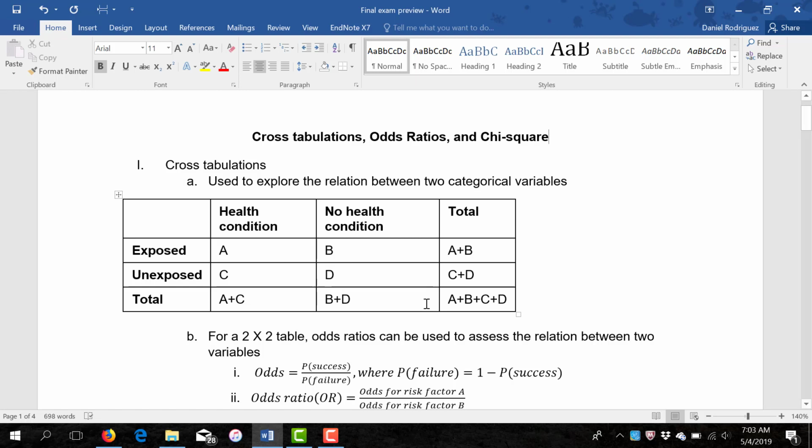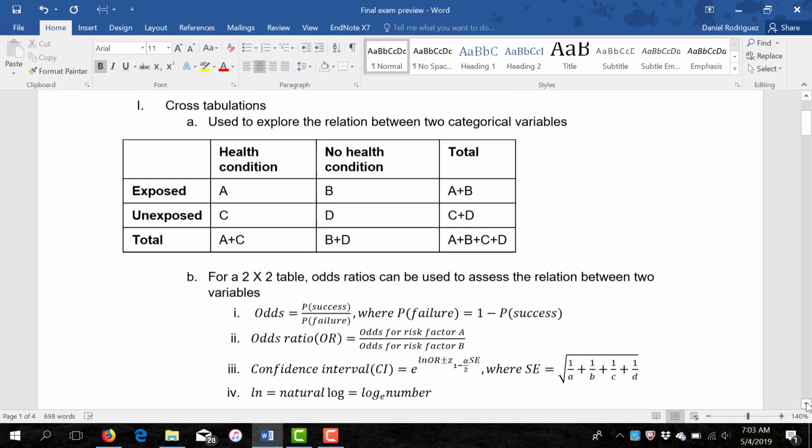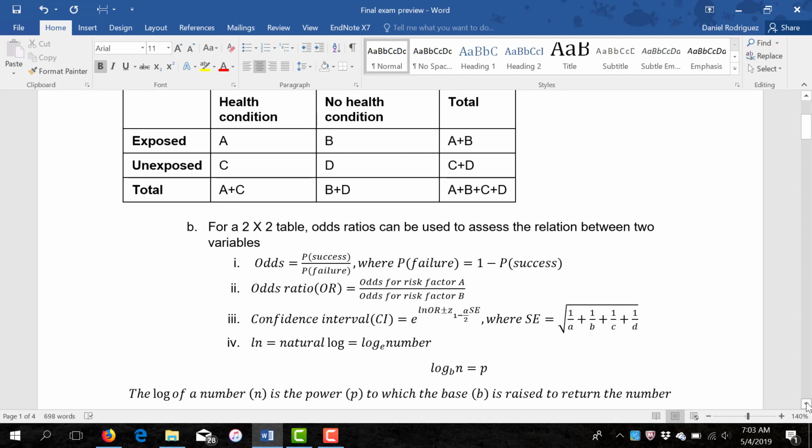Okay, so here are several formulas related to the odds ratios. The first is the odds. The odds can be defined as the probability of success divided by the probability of failure. In this case, we're looking at the impact of exposure on some health conditions, so this could be smoking on lung cancer.